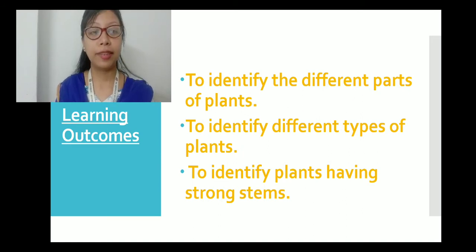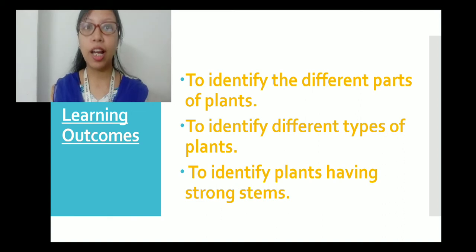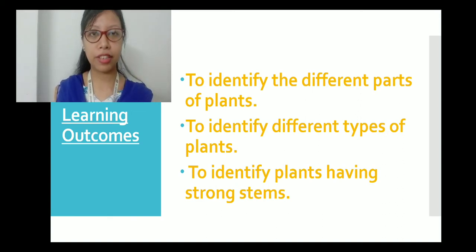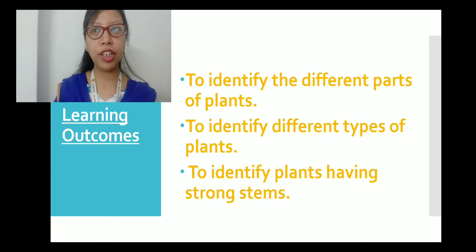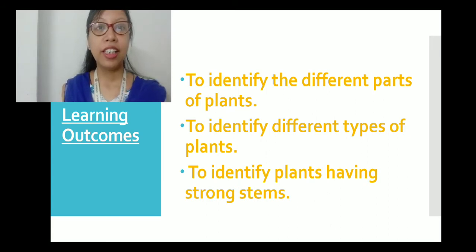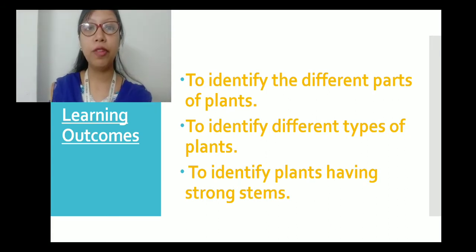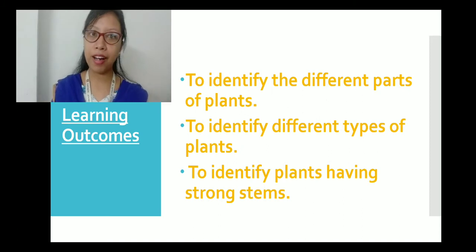After explaining the lesson and after the discussion, after the completion of the whole chapter, you will be able to identify the different parts of the plants. As we are going to study the different parts of the plants, whenever you see a plant, you will be able to identify which is which part.